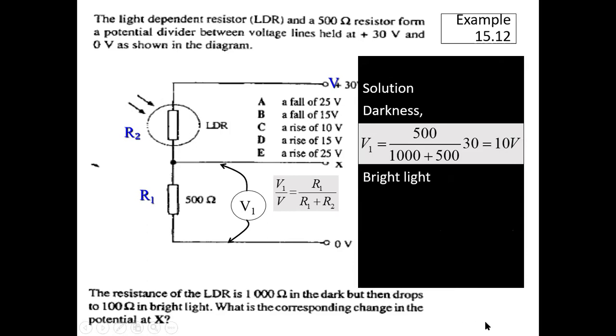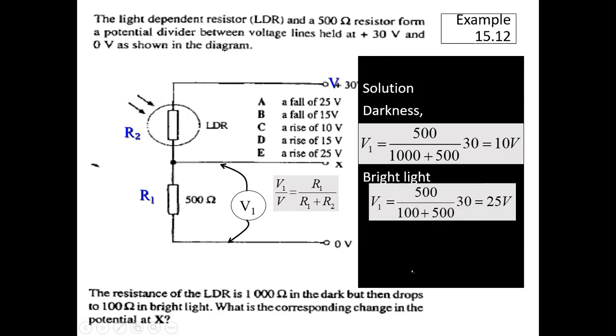You don't take 100 plus 500, is it? Where got 100? Don't get confused. This is 1000 in darkness. So don't bother about the 100 yet. Bright light is 100. First, focus the circuit on darkness.